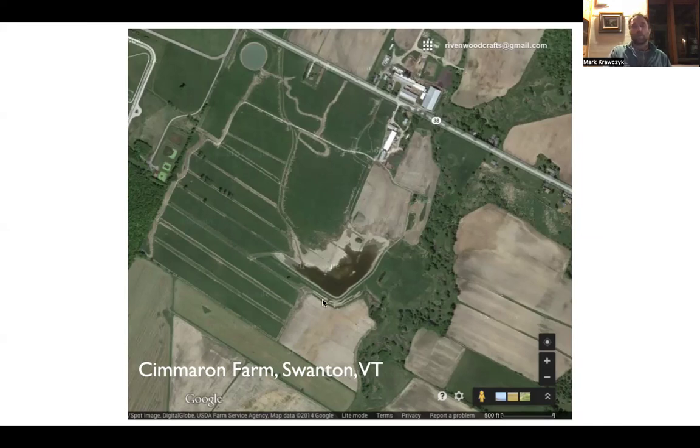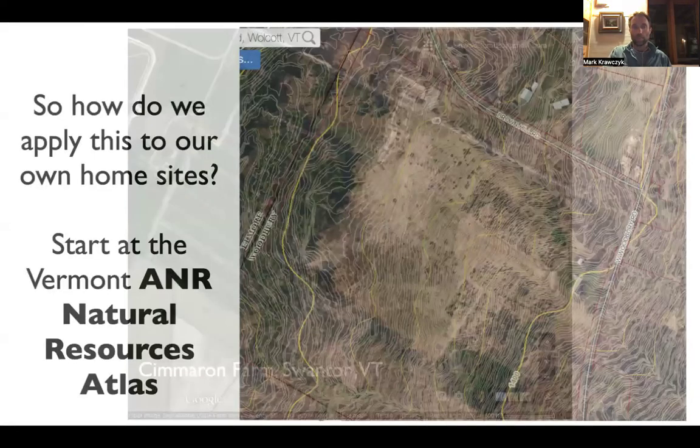And that's just one example of a local dairy farm that was designed according to some of these principles.